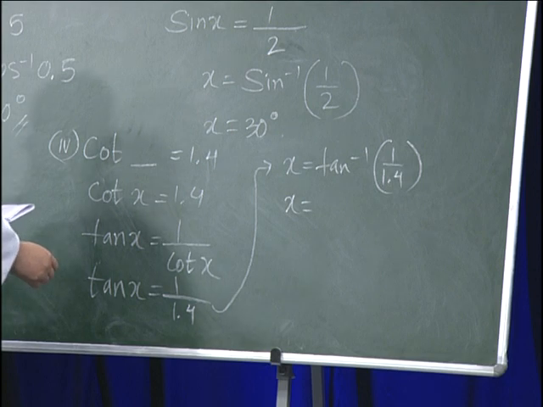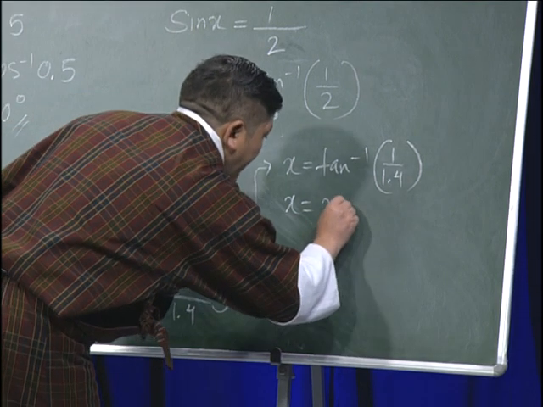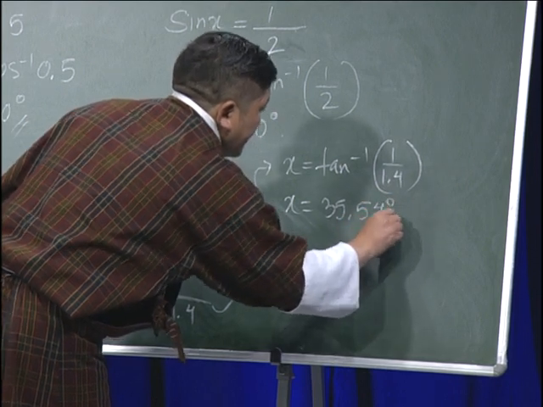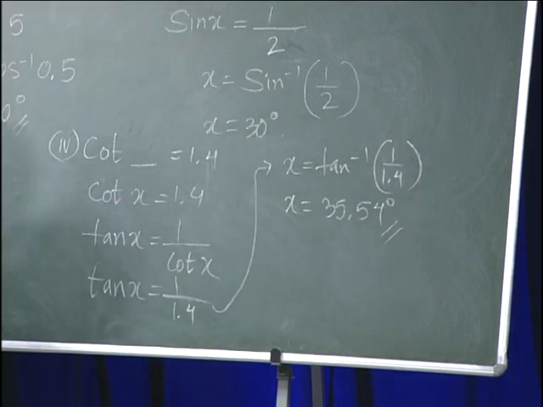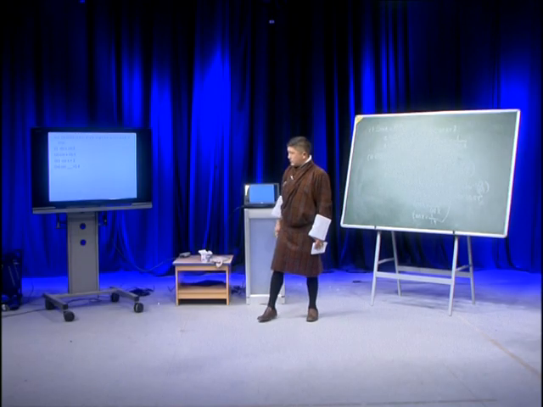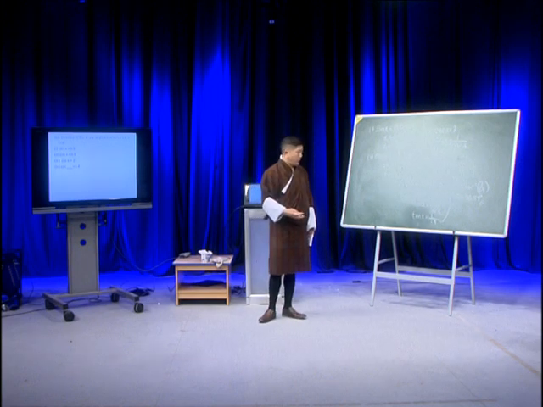Now your value of angle x is 35.54 degrees. So this is how you find out the angle x if you know the trigonometric ratios.